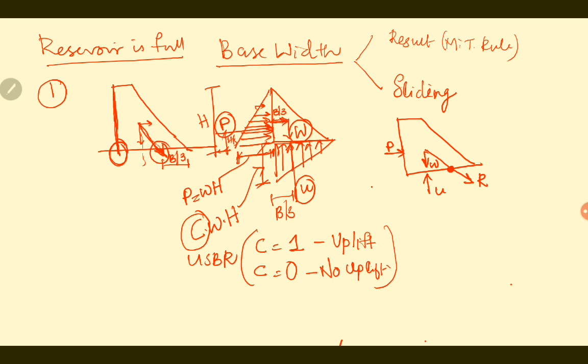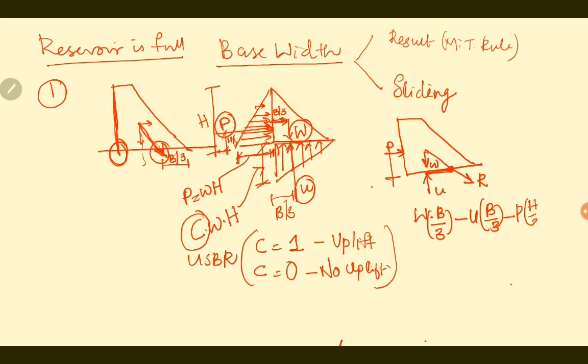Now let us consider the forces one by one. W into, what will be the moment there? It will be B by 3. W into B by 3 is the perpendicular distance here, minus U into B by 3 again, it's the same B by 3, minus P into, this height is H by 3.